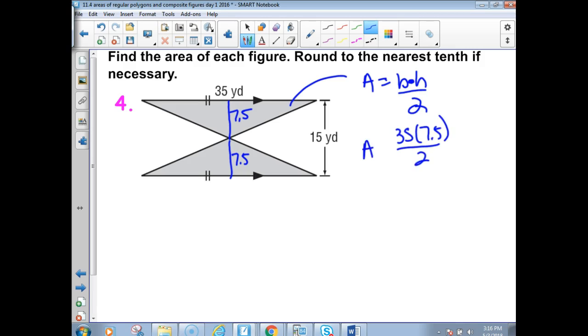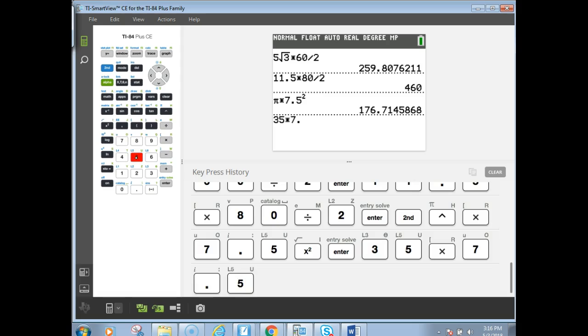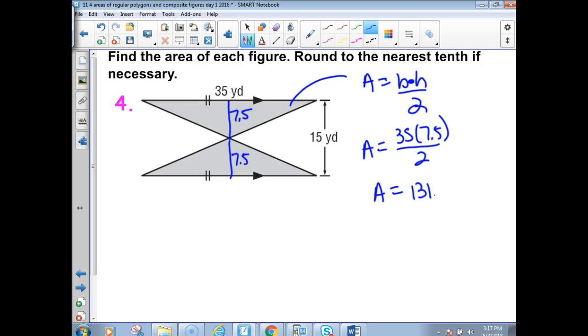So let's get the area of one of them. 35 times 7.5 divided by 2. I think it's bigger than that. 131.25. Okay, now that's the area for one.